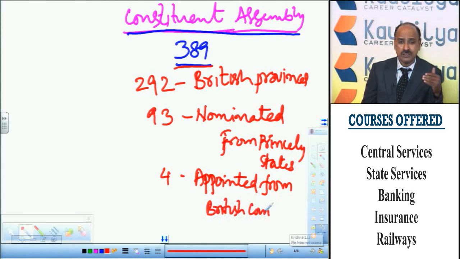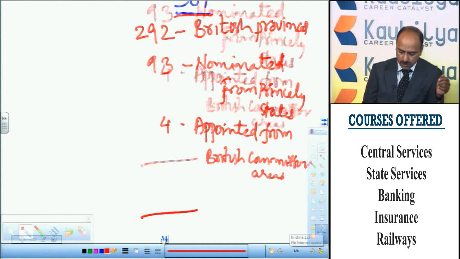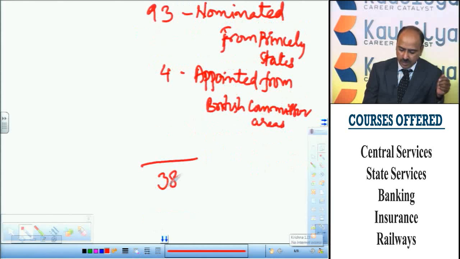In total, 389 members were elected, nominated, or appointed from different regions because they represent the whole country. Then this Constituent Assembly prepared or drafted our constitution.